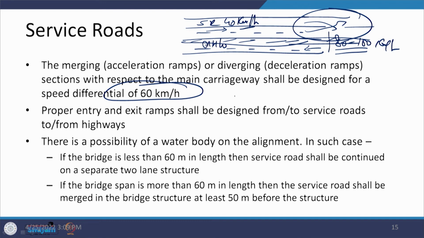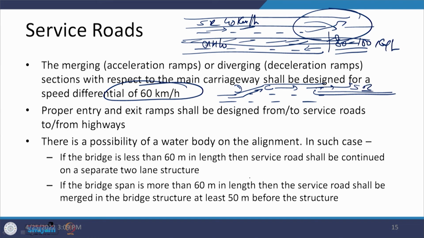So, say if we are going out of a system from a main highway, then probably something like this is going to be there, that from here we take left, then keep moving and then finally get to the service road, which is segregated by way of the median, etc. So, the vehicle will start decelerating here, will be cruising at a certain speed and then will come slowly to the speed of a service road.